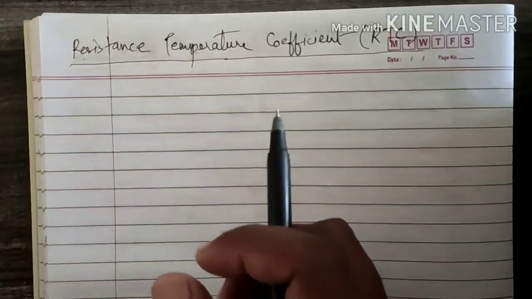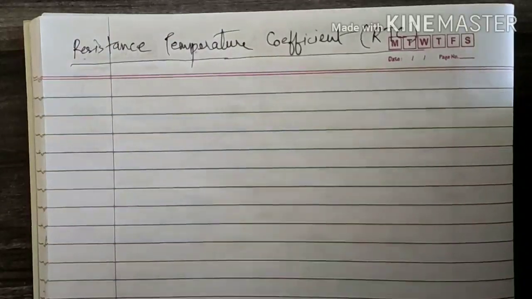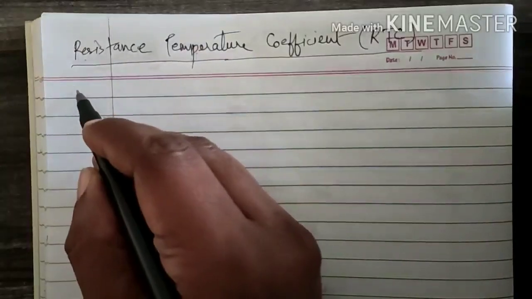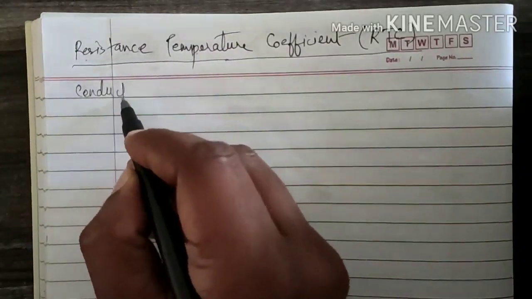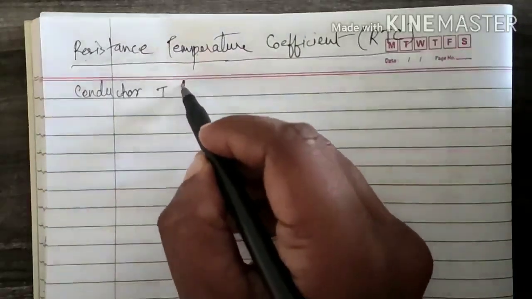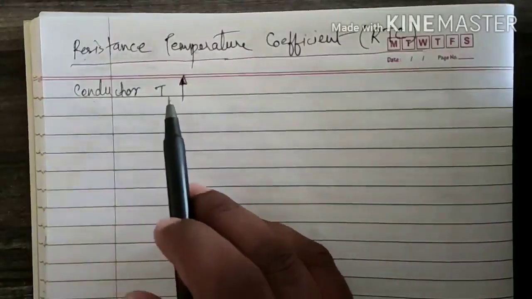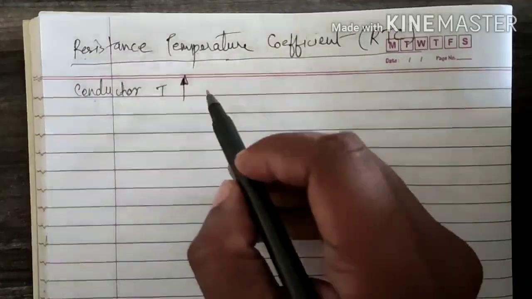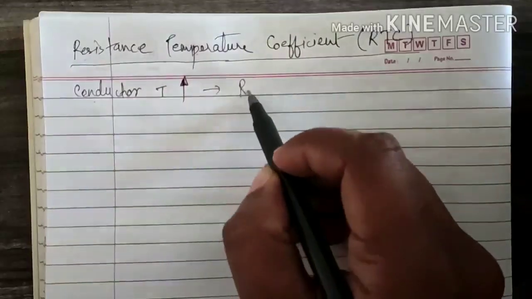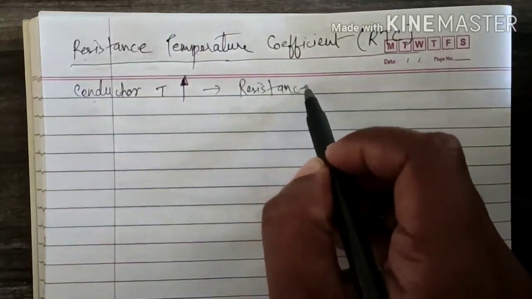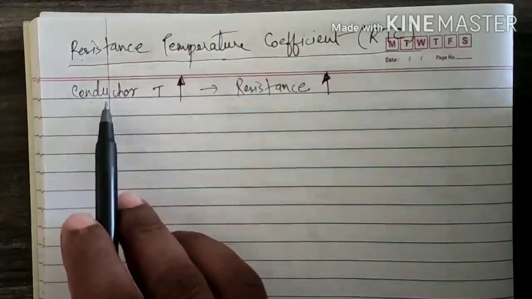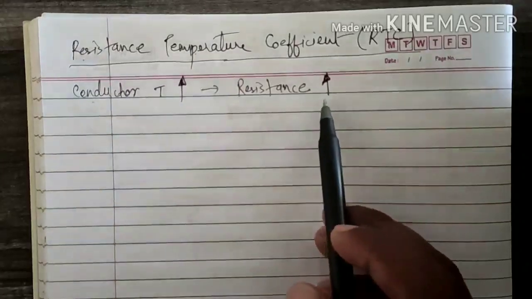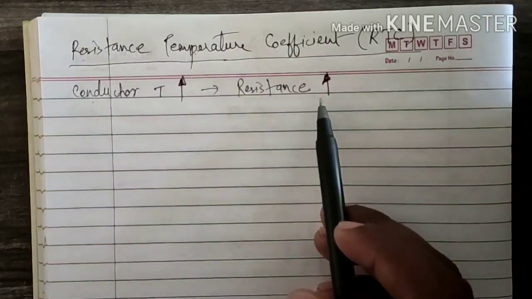We have already seen that if the temperature of a conductor is raised, then its resistance also increases. Means if I am increasing the temperature of my conductor, then automatically my resistance value is also increasing.